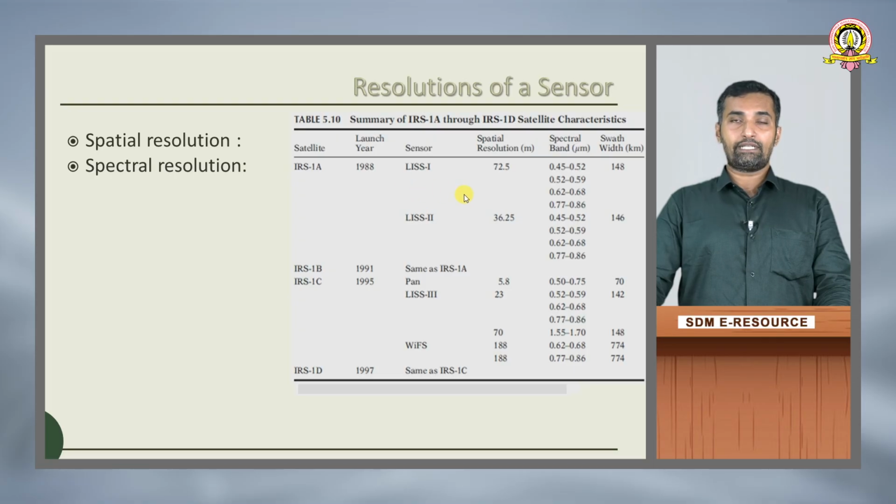It has a spatial resolution, that means pixel size, of 72.5 by 72.5 meters, and it has 3 bands in the visible region and 1 band in the near infrared, so only 4 bands. Then they improved the spatial resolution, but spectral resolution remained nearly the same.